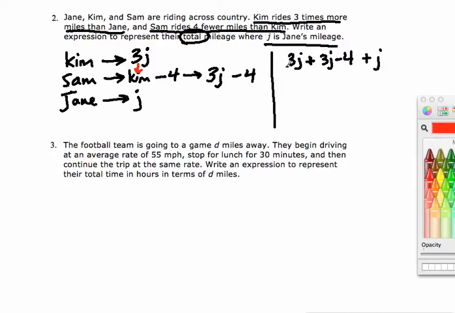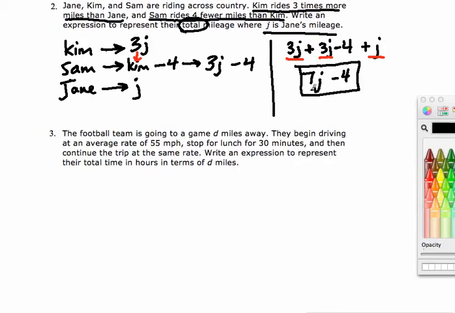Now we need to combine like terms. 3J and 3J is 6J, another J, that makes 7J, minus 4. So what this means is their total mileage is 7 times Jane's mileage and then 4 less than that number. So 4 less than 7 times Jane's mileage. And that would be your answer here.